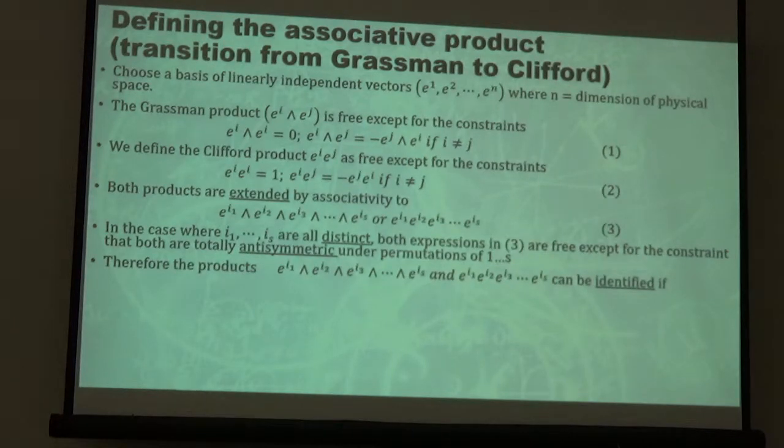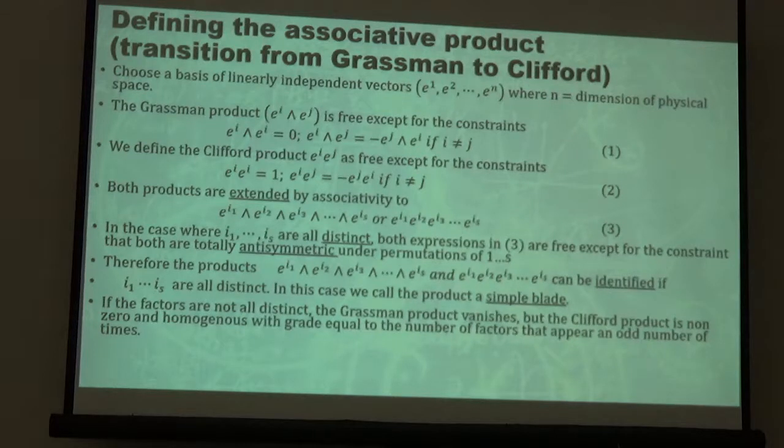Therefore, the products, in Grassmann's way of writing it and Clifford's way of writing it, can be identified if i_1 to i_s are all distinct, and in this case it's called a simple blade. Blade, by the way, is Clifford's term. If not all the factors are distinct, the Grassmann product vanishes, but the Clifford product is non-zero and homogeneous with grade equal to the number of factors that appear an odd number of times.